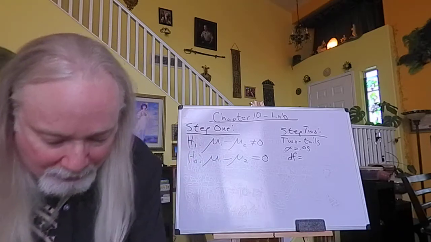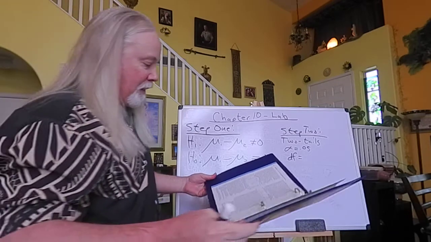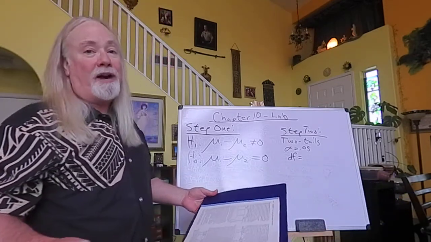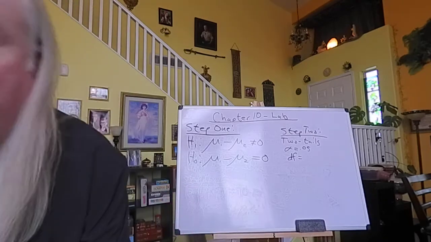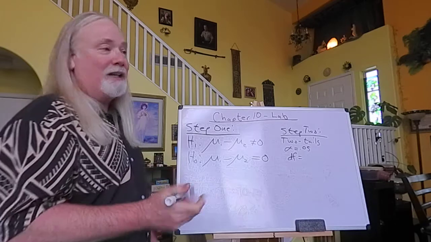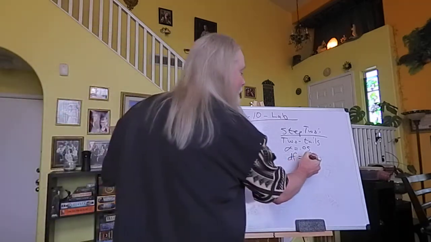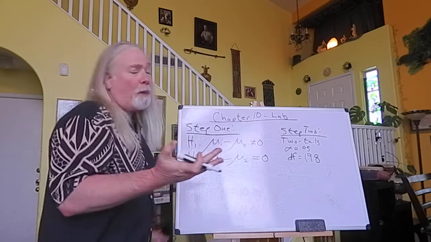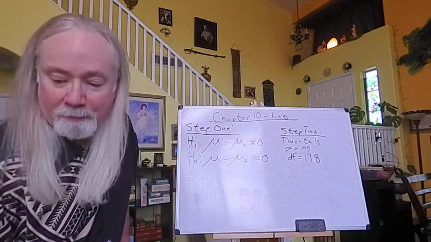And when we look in the problem, it tells us that the first sample had 100 folks in it and the second sample had 100 folks in it. So you can either do 100 plus 100 minus 2 or 99 plus 99. Either way, you're going to get to 198, which is a much bigger number than we're used to seeing. But they're bigger sample sizes, and there's 2 of them.